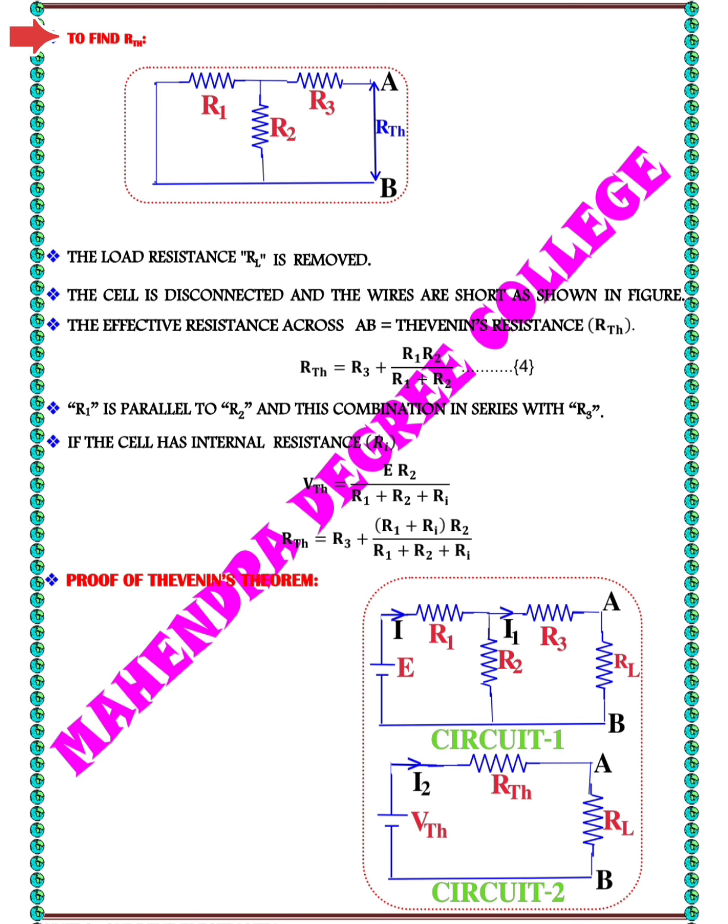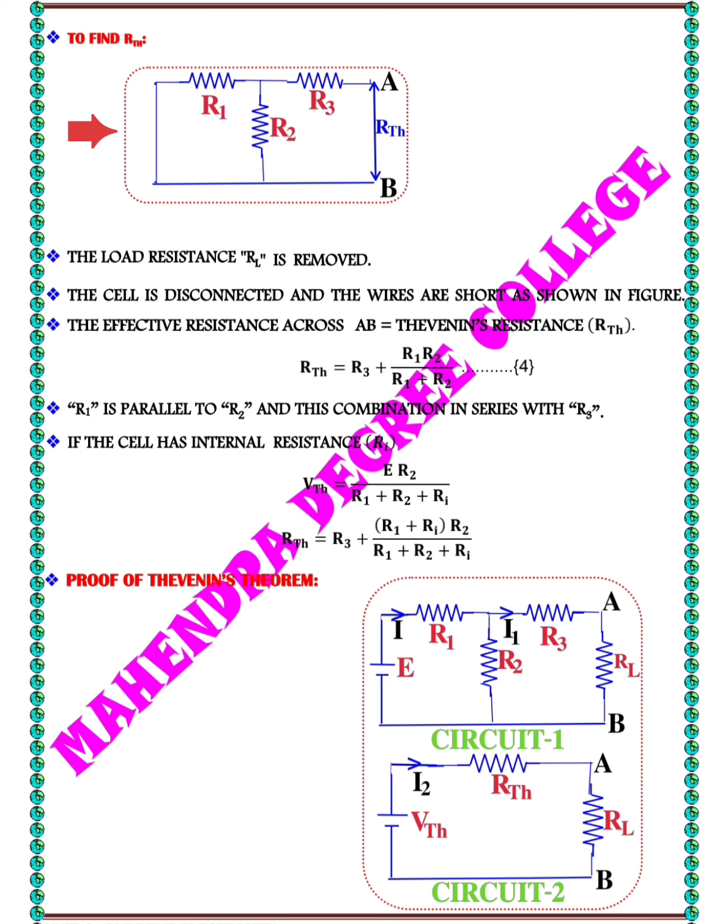Next, we find the value of Thevenin's resistance, meaning RTH. This image shows a resistive circuit used to find the Thevenin equivalent resistance between the terminals A and B, where R1, R2 and R3 are resistors.